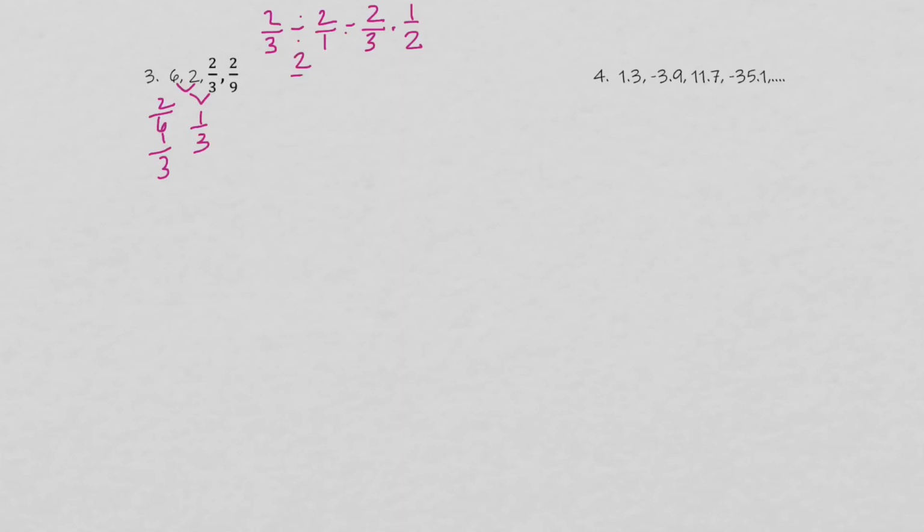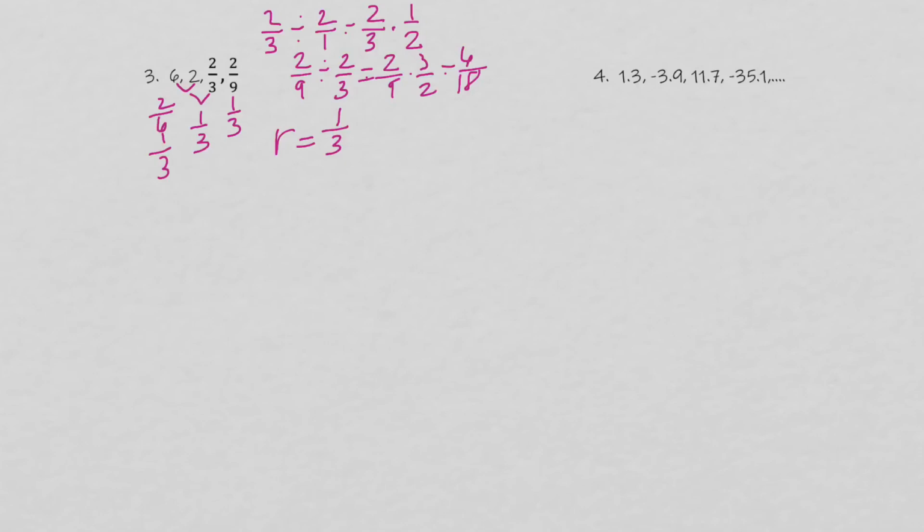And 2/9 divided by 2/3, I have to multiply by the reciprocal again, which would be 6/18, which would be 1/3. So I have a common ratio of 1/3, and a lot of that you can do on your calculator.